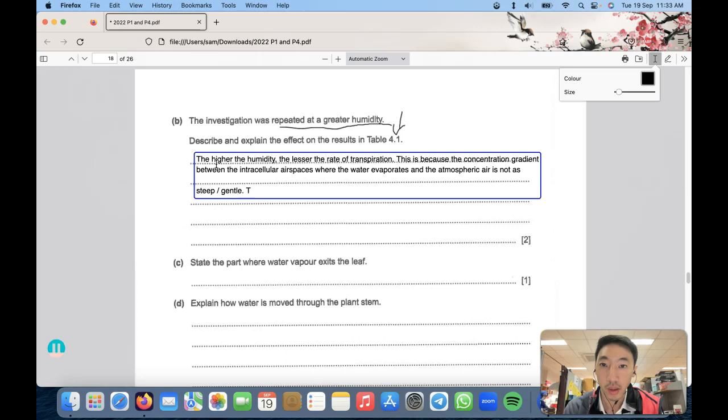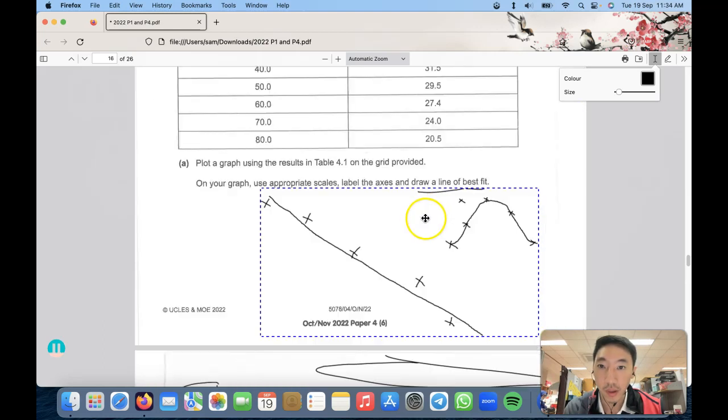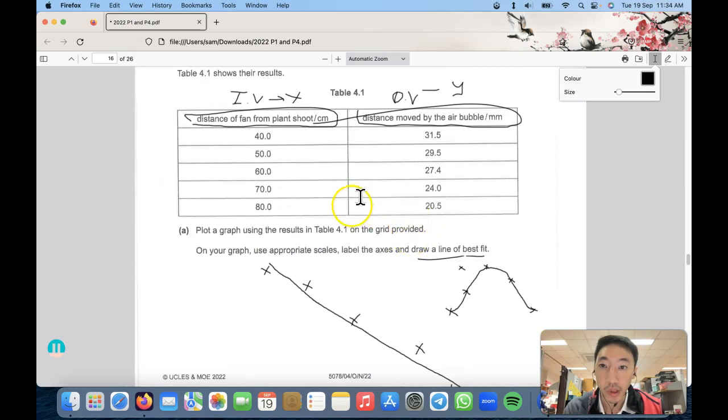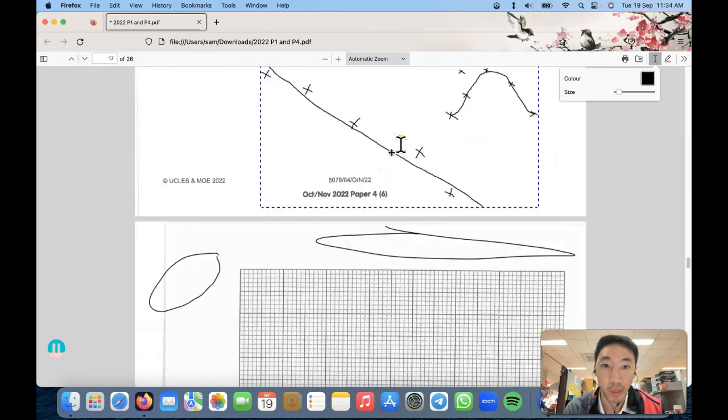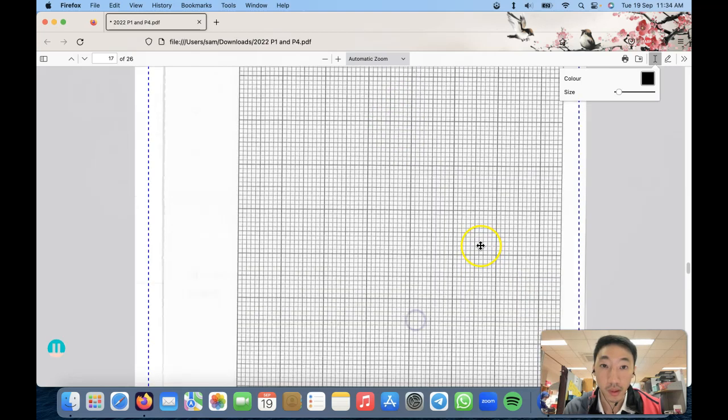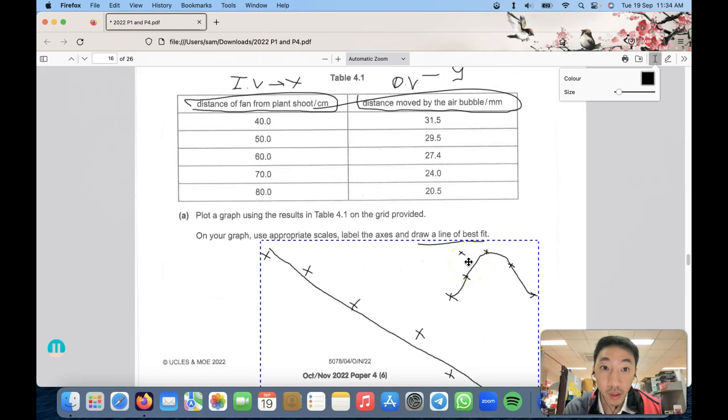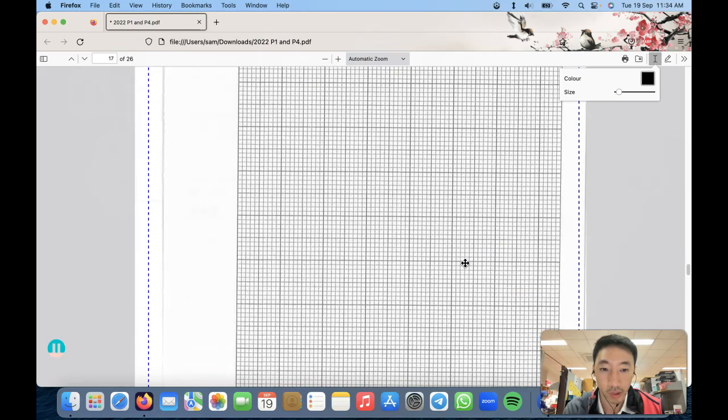Thus, describe and explain the effects on the results. So the results in table 4.1 will see an overall increase. Then how about the distance moved by the air bubble? Okay, not increase, my bad.